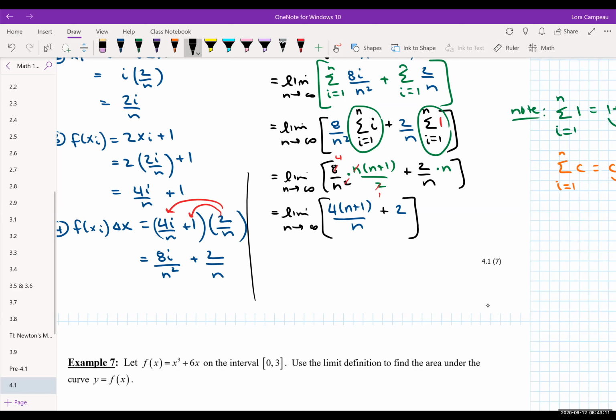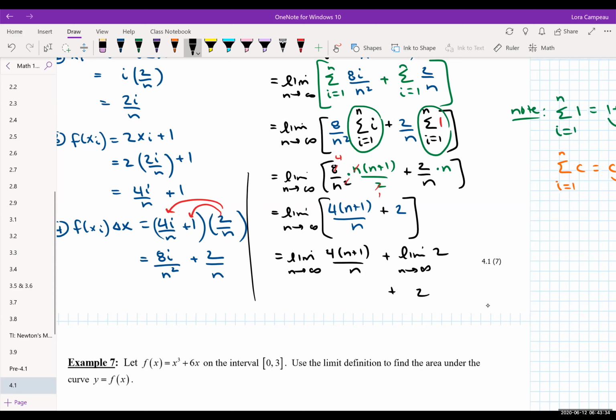Now keep in mind, if you have a limit of a sum, then that is the sum of the individual limits. So we have the limit of 4 times n plus 1 over n, plus the limit of 2. Well, the limit of a constant is just a constant.